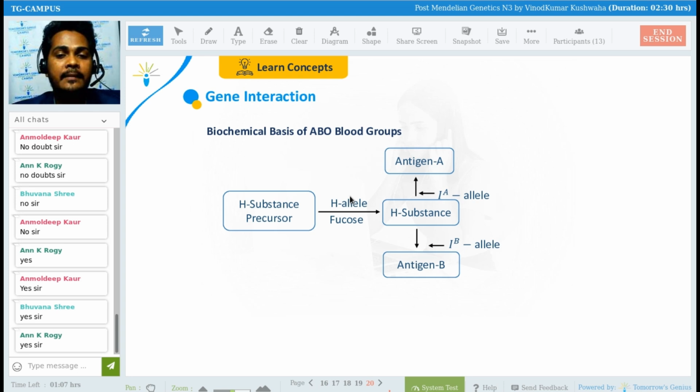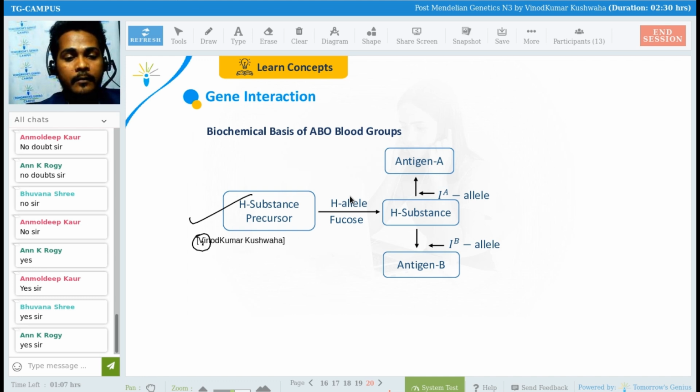It is called the antigenic precursor H. In the RBC membrane, this H substance is made up of 3 monosaccharides, especially N-acetyl glucosamine, then galactose and fucose. This is important, which I can write here. It is made up of 3 important monosaccharides.